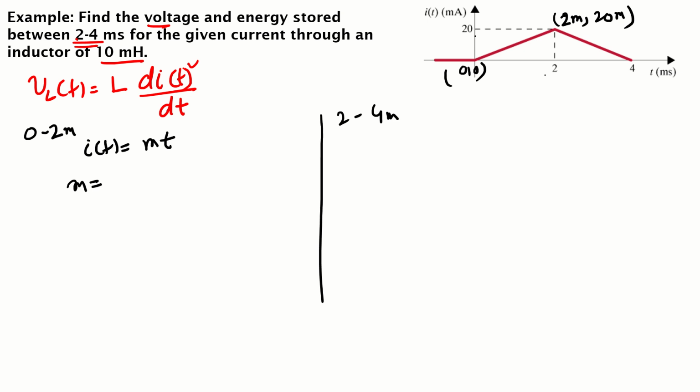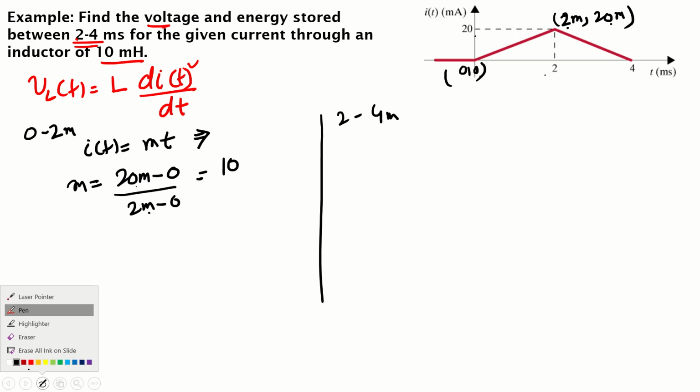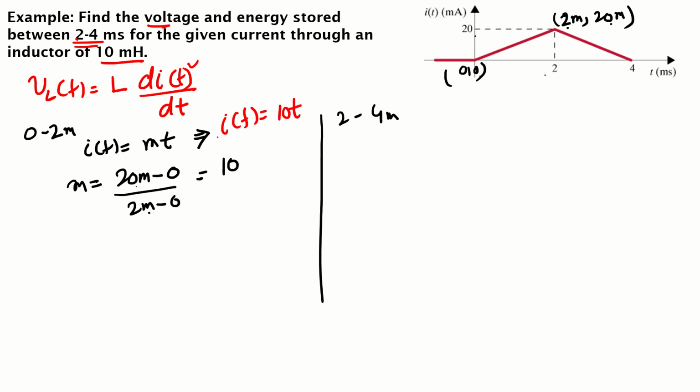The slope is y2 minus y1, 20 milli minus 0, divided by x2 minus x1, 2 milli minus 0. So 20 milli divided by 2 milli is 10. Our current will become 10t.